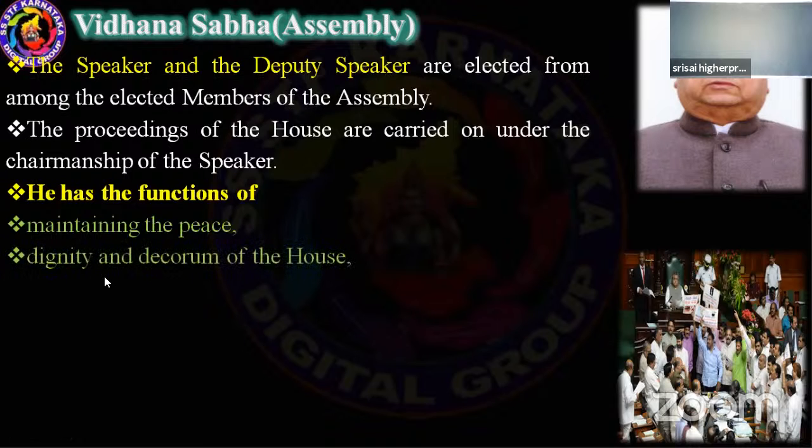He has to maintain the dignity and decorum of the house. Such is the dignity and discipline he should maintain during the session.